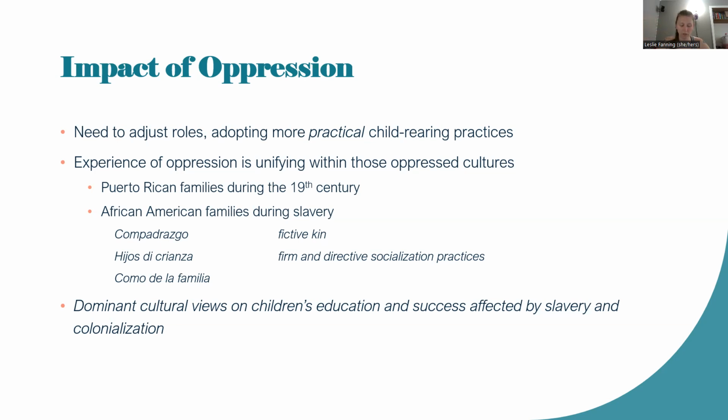It refers to this firm and directive socialization practices, in that for many parents who were enslaved and had children, they started to use extremely harsh discipline tactics like the switch, as a much harsher discipline tactic. And it was for no other reason but survival, because parents would see the consequences of their children acting up.